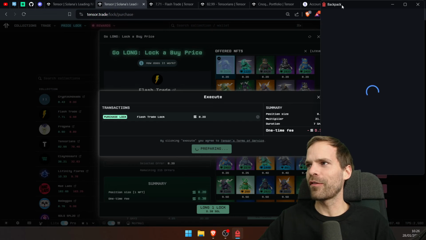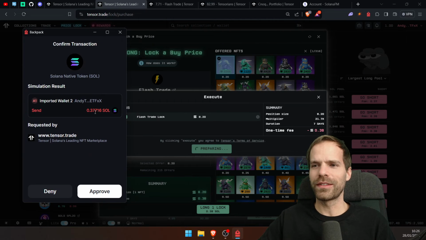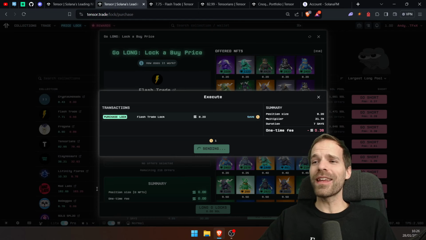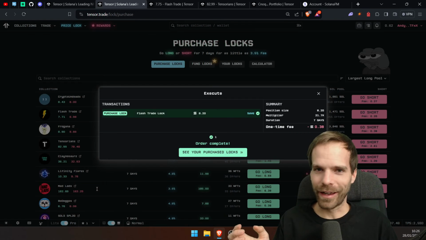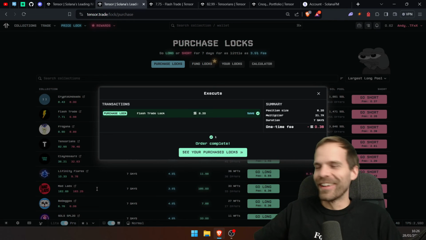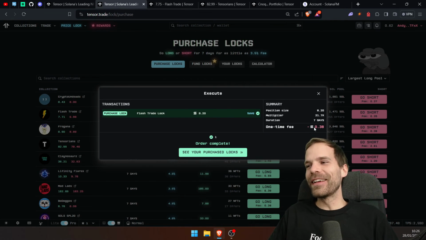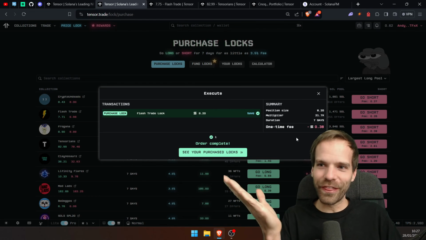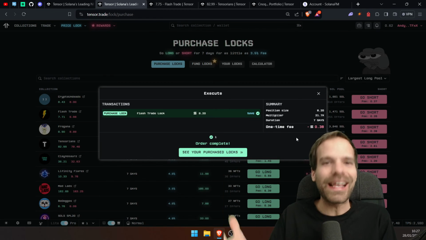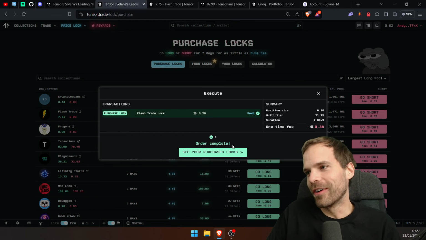We pay the one-time fee of 0.3771. Bye-bye money! And I've purchased my first lock, because it's the only thing I can afford. Woohoo! We purchased a lock. We spent some fees. If I was hardcore bullish on that collection, then that would even make sense. But I don't know that collection, so it's gambling.